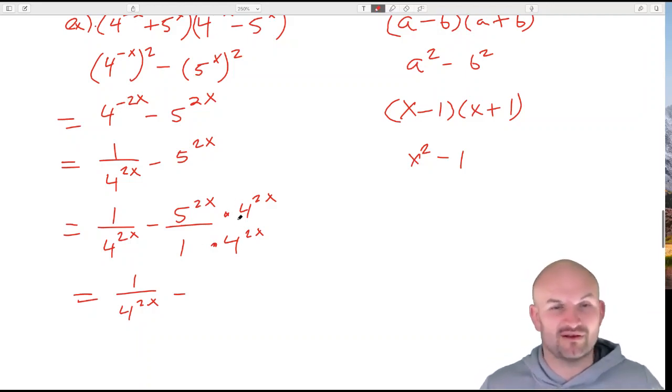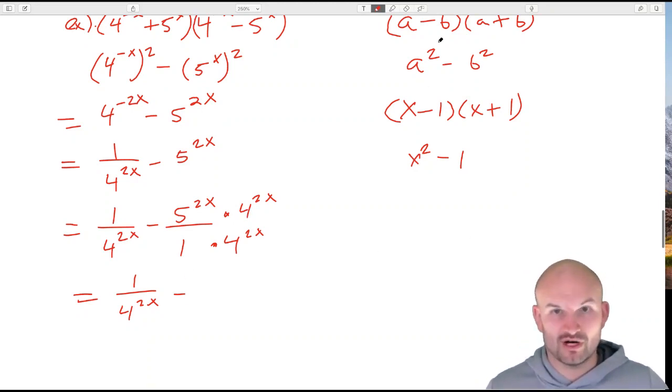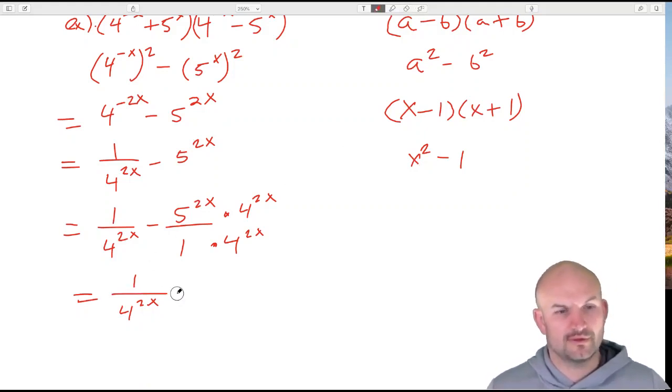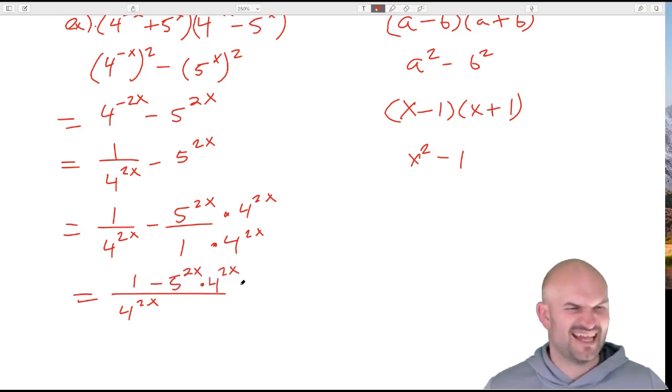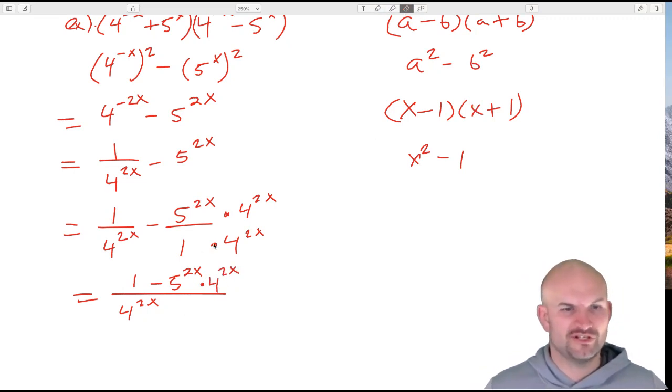You can't multiply them because they don't have the same base. So I guess you could write them overall. I don't think that's really a simplified version, but we'll write it anyways. So that'd be 1 minus 5 to the 2x times 4 to the 2x. So yeah, that doesn't really look too much simplified. So you could do that, but I don't think anybody is really going to want to do that.